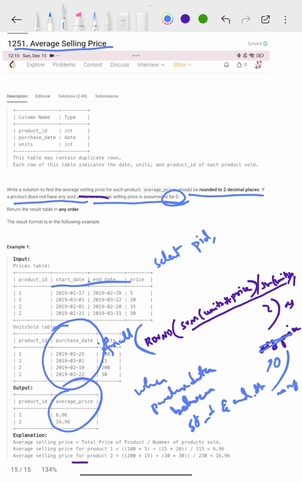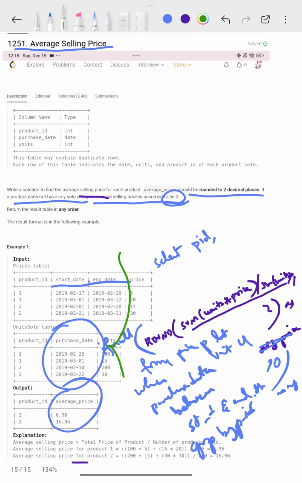I didn't write the join, sorry. Select this one, comma this one, from prices table P, left join units table U, where this one, and this logic you have to write, group by product ID, because you are grouping by product ID. This is your solution.